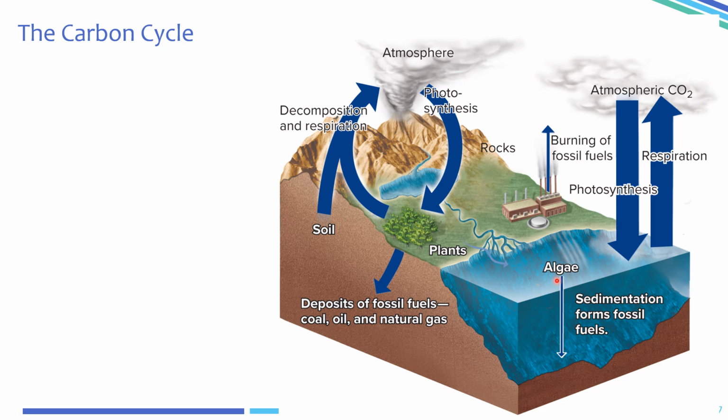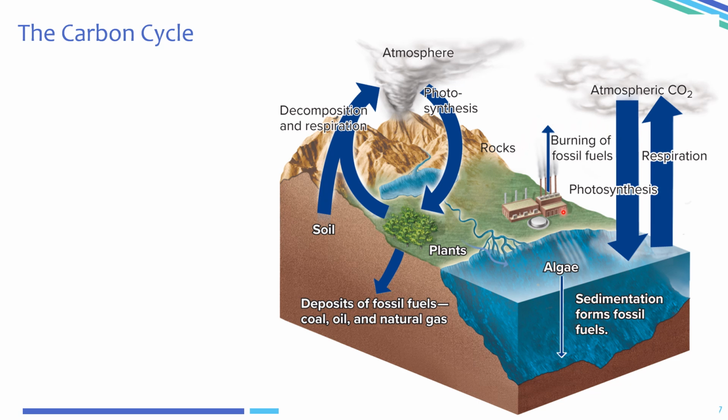Algae brings carbon dioxide in through photosynthesis, but when it dies, it falls down and enters the sediment where it can eventually be locked up in our coal, oil, and natural gas. So from the ocean, we get respiration and photosynthesis as well. But then, of course, we get the burning of fossil fuels.